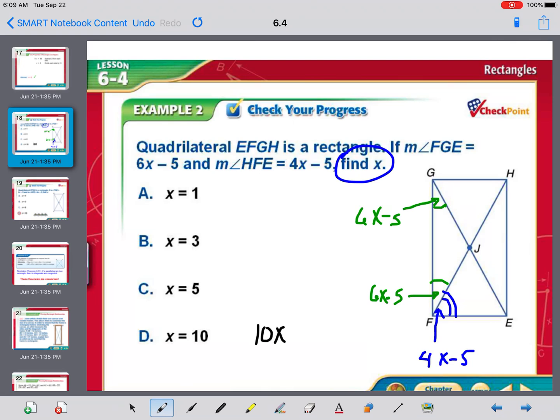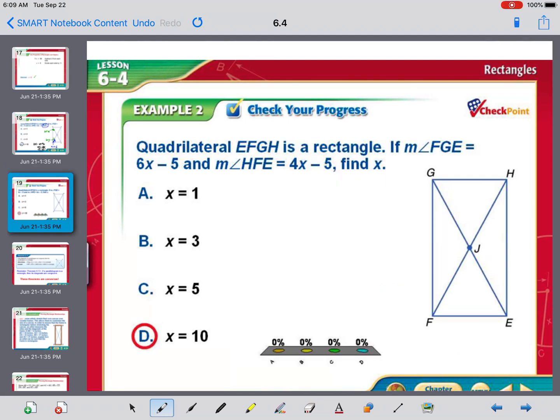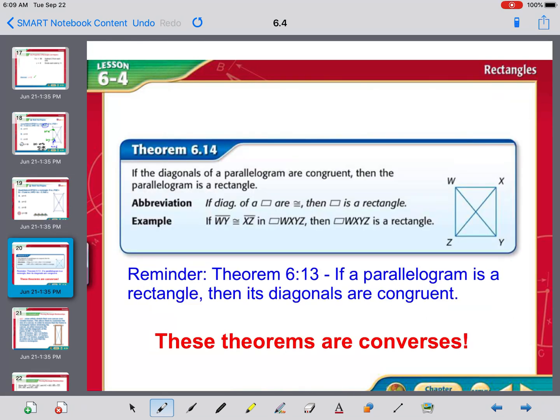So you put the x's together, you get 10x. You put the minus 5 and the minus 5 together, you get minus 10, and that's going to be 90. So 10x is 100 when you add the 10 to both sides. So x is 10. The answer is A. I'll leave you to go back and prove that.